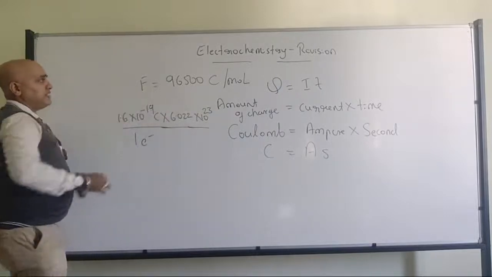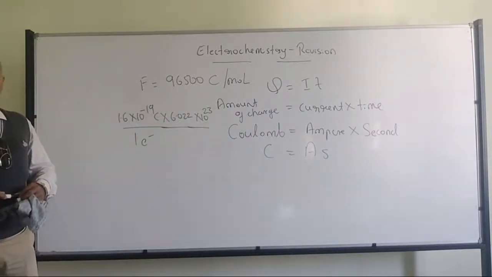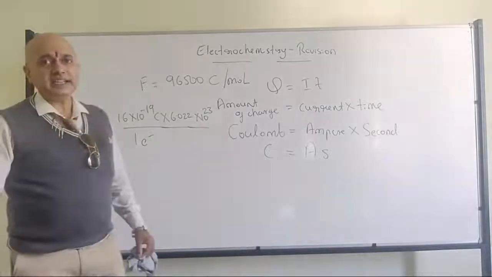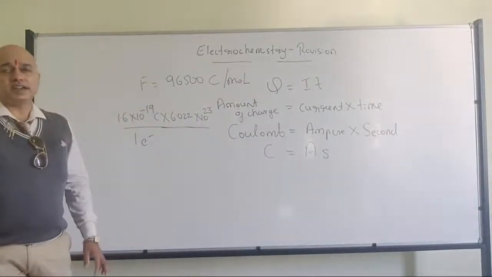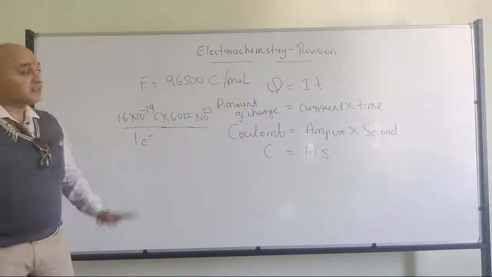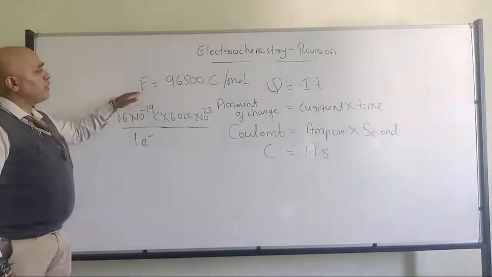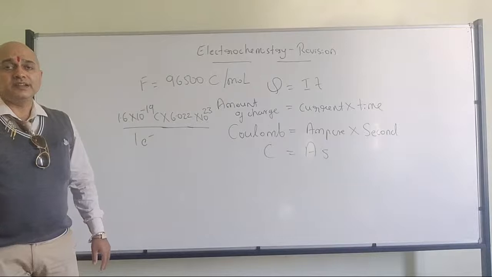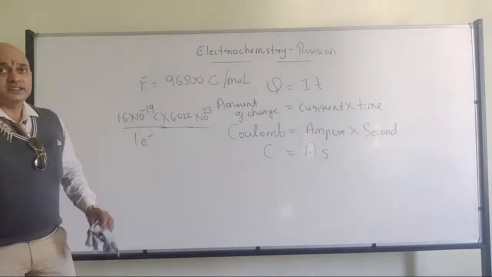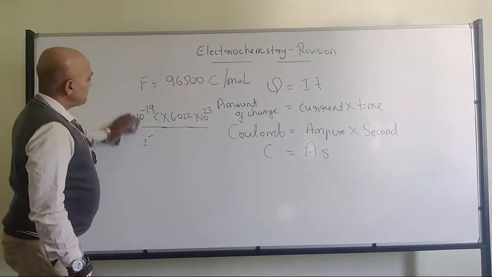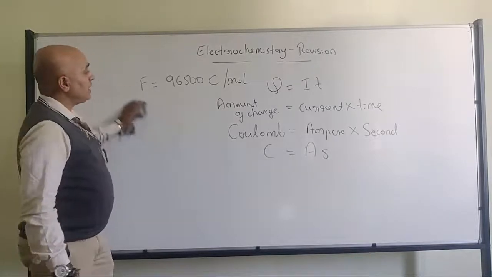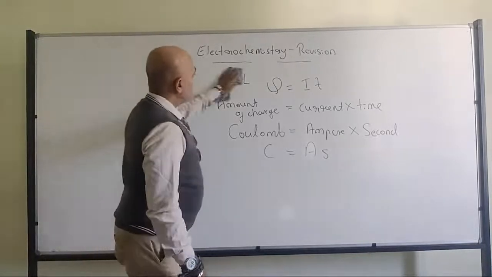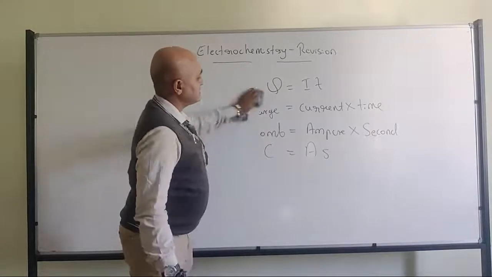It is actually 96,480 or so, and we can take it as 96,500, rounded off. So Faraday's constant is nothing but the amount of charge carried by 1 mole of electrons.